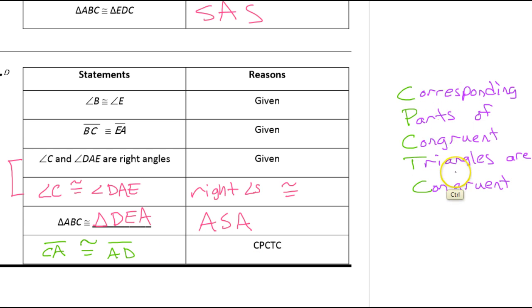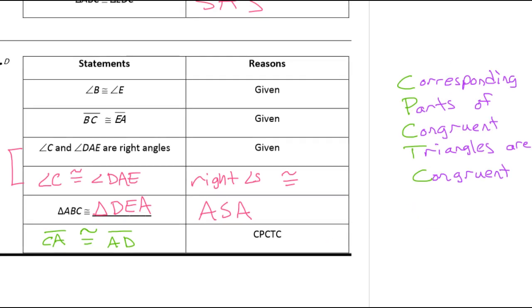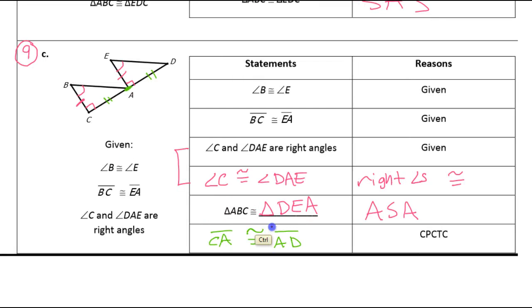Corresponding parts of congruent triangles are congruent. It's saying if we have congruent triangles, any corresponding parts will be congruent. That makes sense because in this step right here, we just proved that the triangles are congruent. That means any corresponding parts will be congruent, including CA and AD. CPCTC.